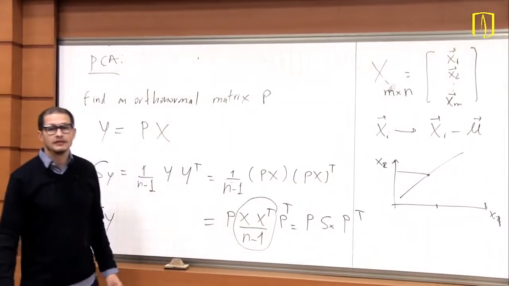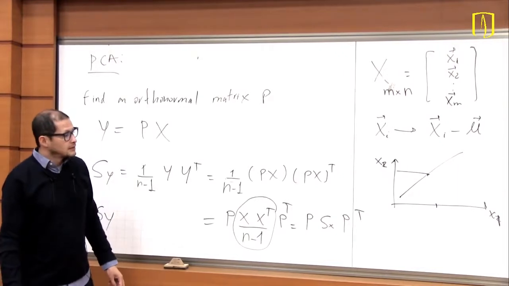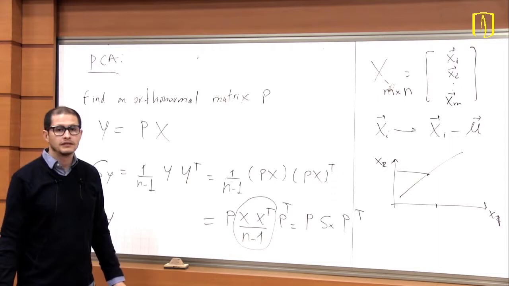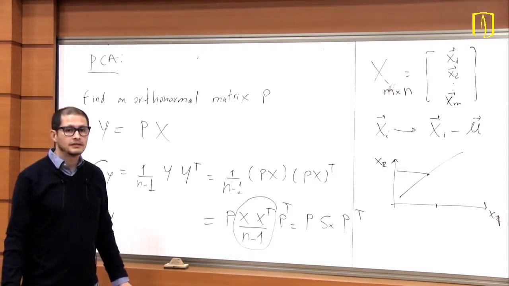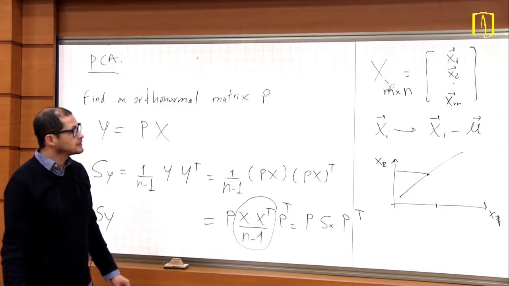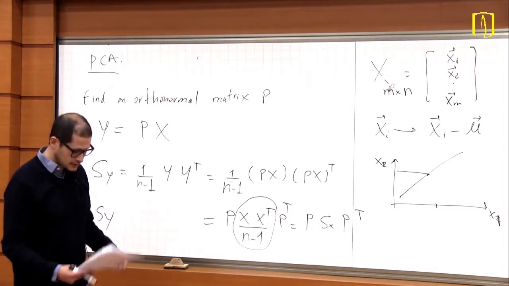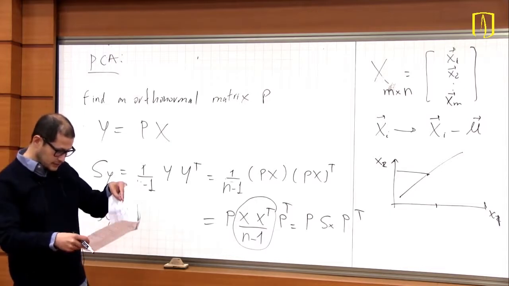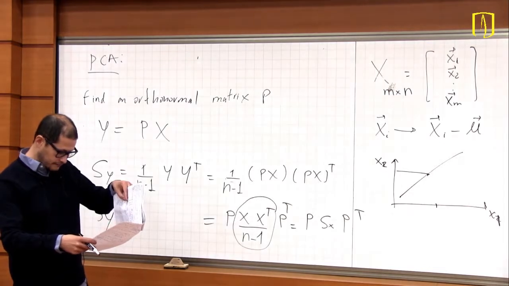I think that the covariance matrix of S_X is with respect to 1 over m. It's not n, because we start with m elements. As you said in the first example, it has n elements, and so far we should have m. We have a matrix m.